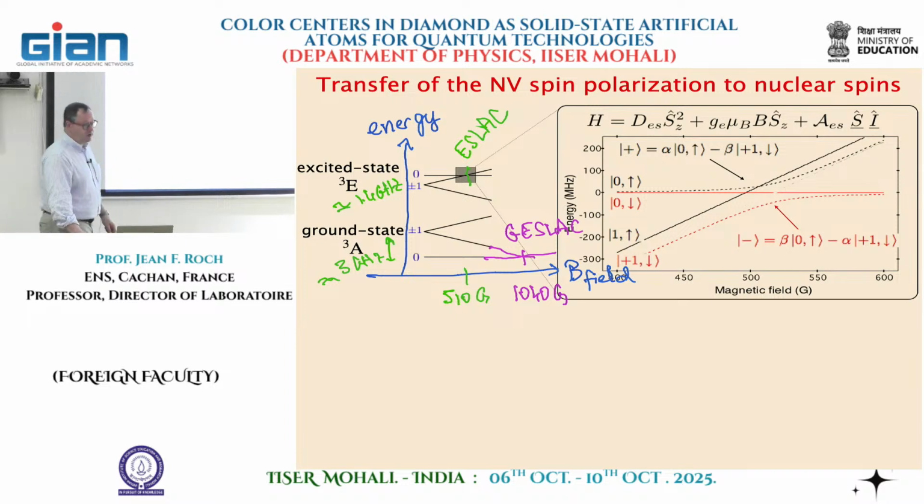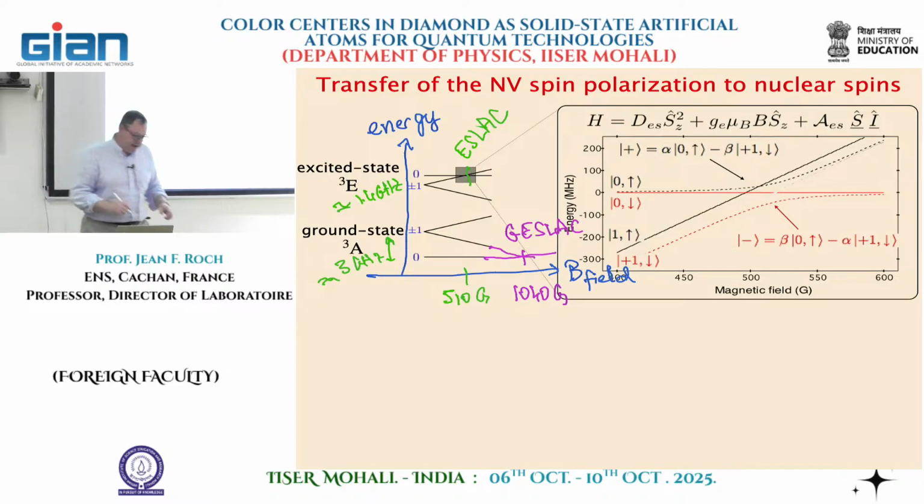Now, suppose we had only the interaction A parallel, S_z I_z. Then this crossing again is not a problem. There's no mixing. It cannot produce a mixing between the different states.